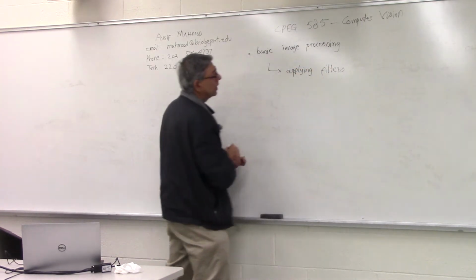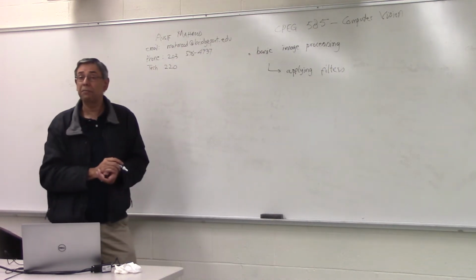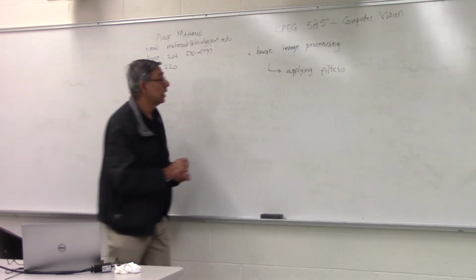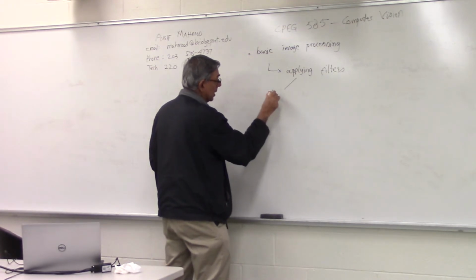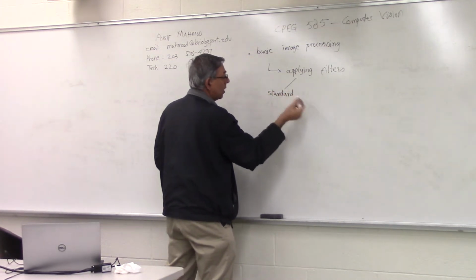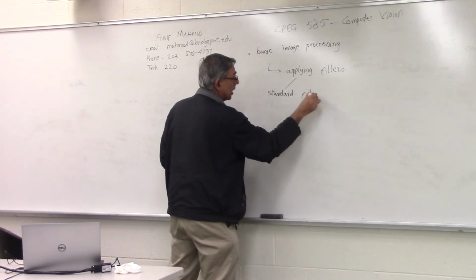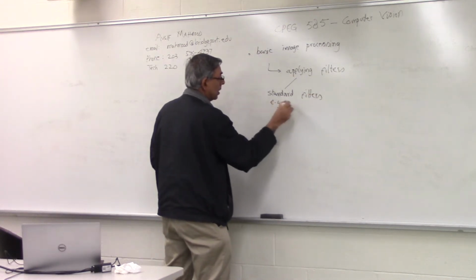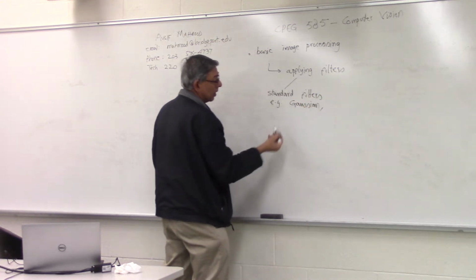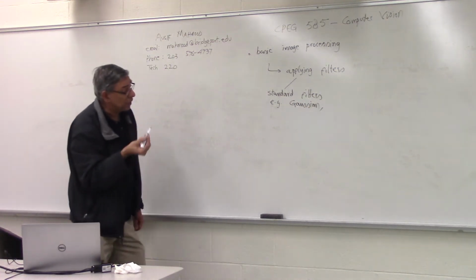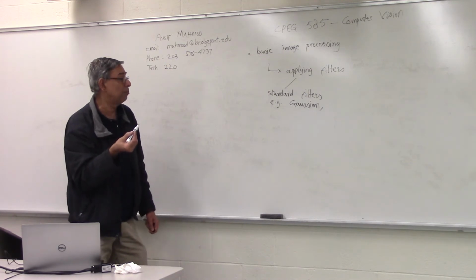As I'll show you, there are different kinds of filters that we apply to images. Some of them are standard filters, e.g. there's a filter called Gaussian filter as an example, right?